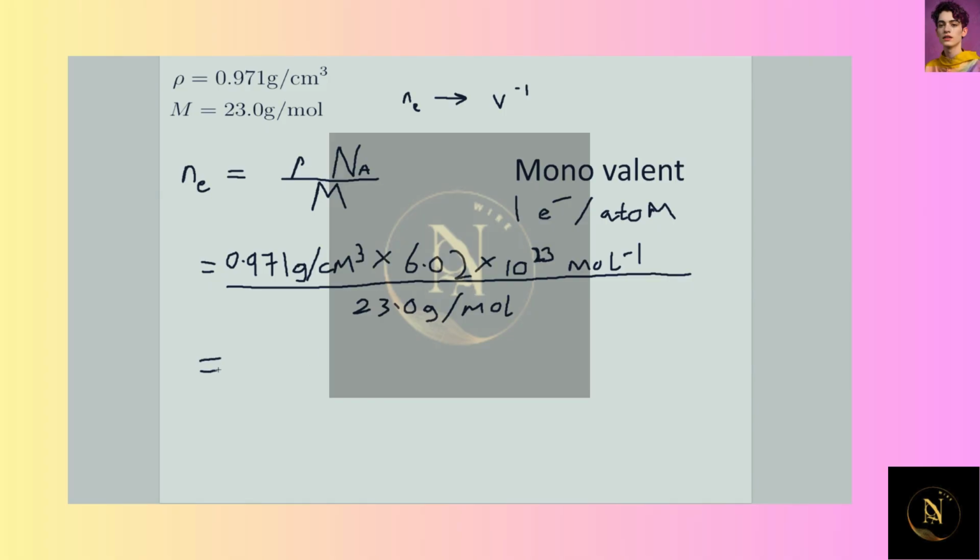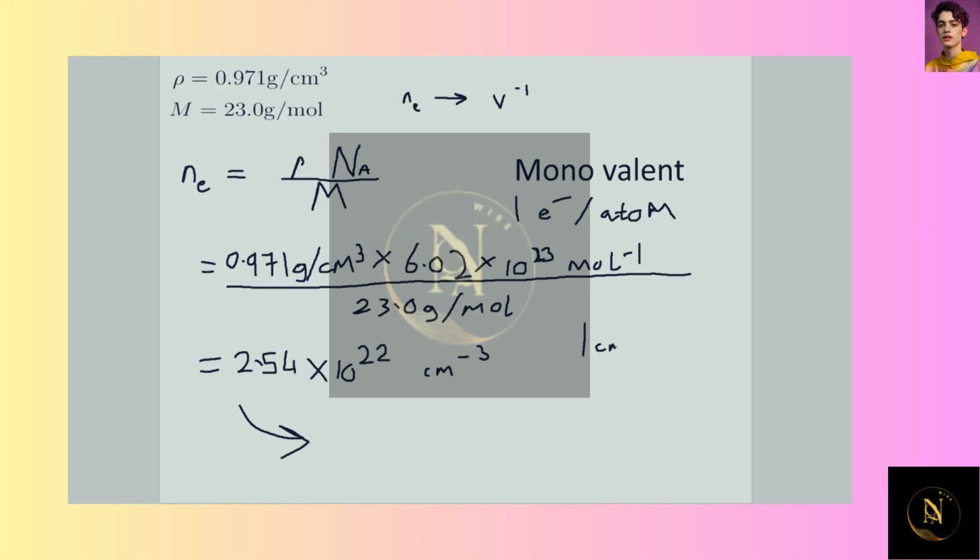And that comes out as 2.54 times 10 to the 22. And so our units, cancelling everything down, come out as number of charge carriers per centimeter cubed. Now we need to convert this value into SI units.